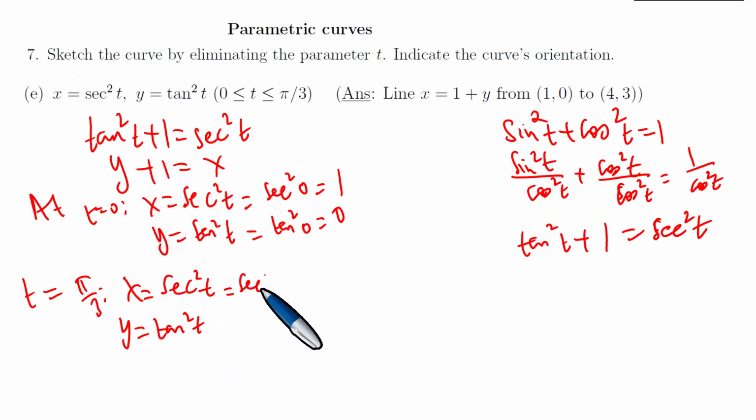So sec squared pi over 3 and then tan squared pi over 3.